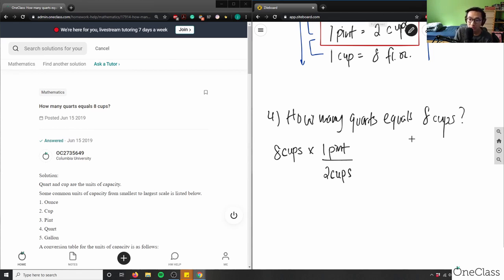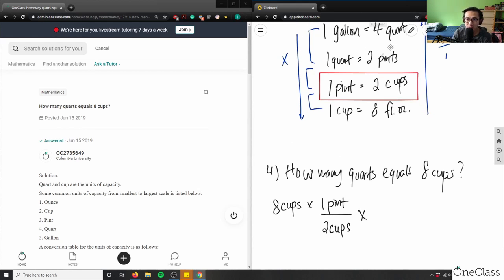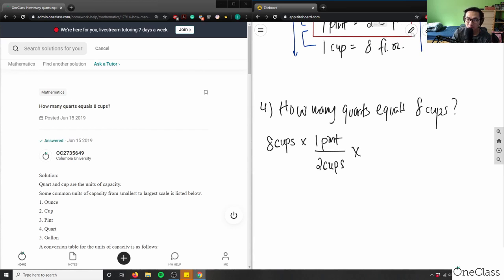And then I have to convert to quarts. But how many quarts are in a pint? I have 1 quart equals 2 pints, which means I'm going to have to put 1 quart. There's 2 pints in a quart. And now you can see that my units cancel out.